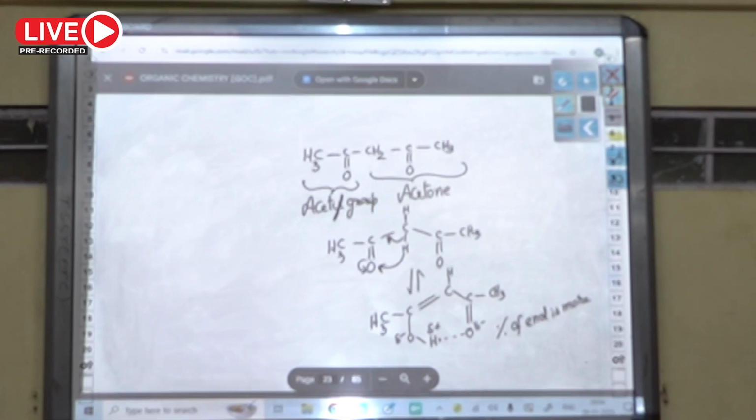Hence, at room temperature, conformers go on interconverting, and it is very difficult to separate them.